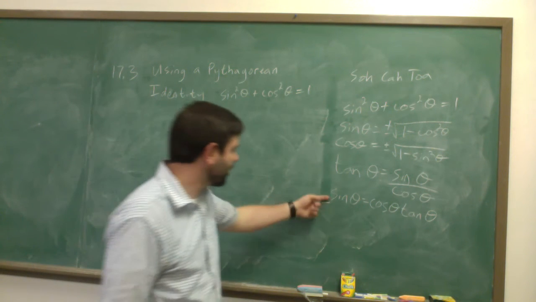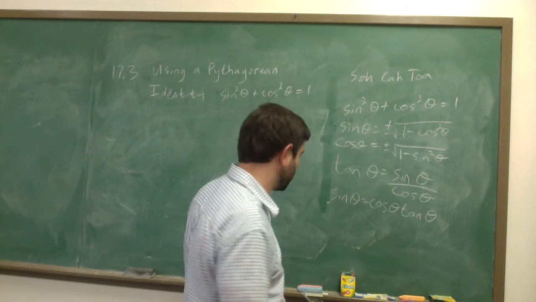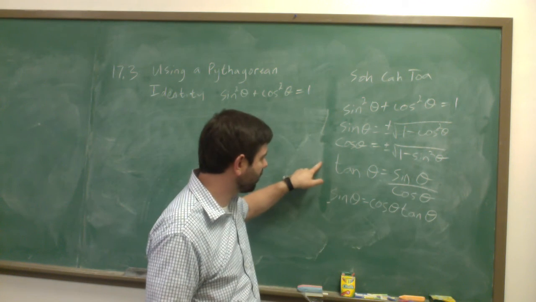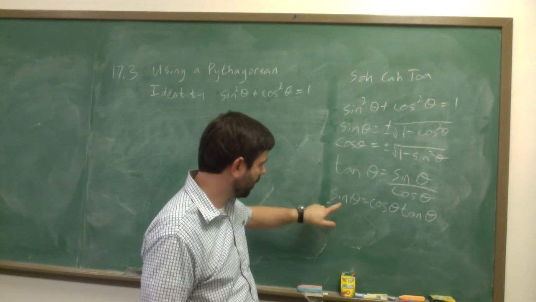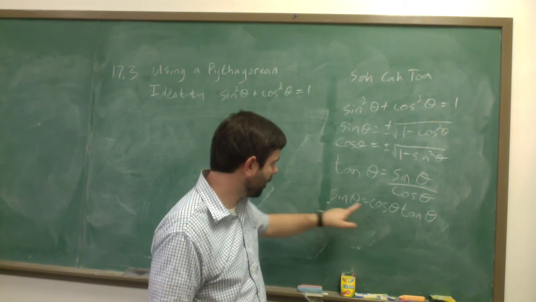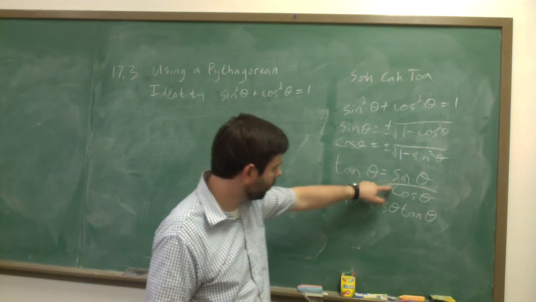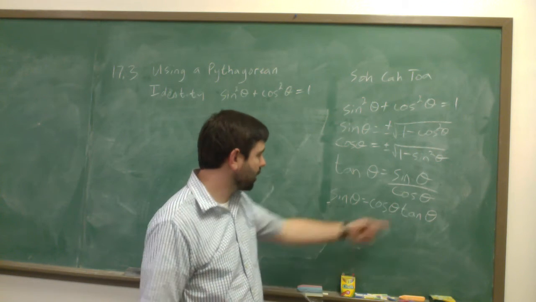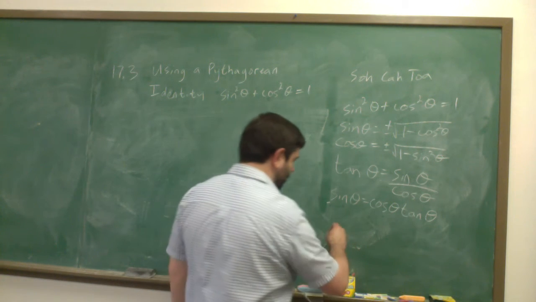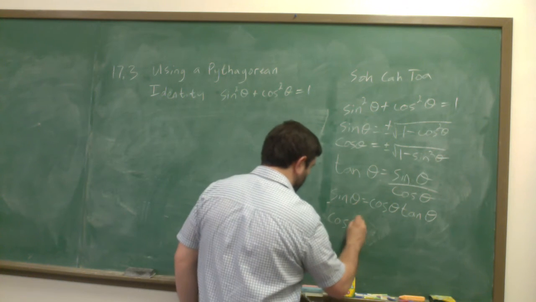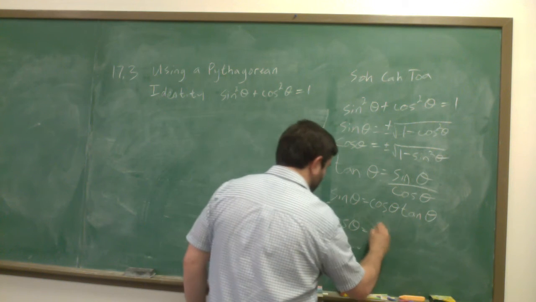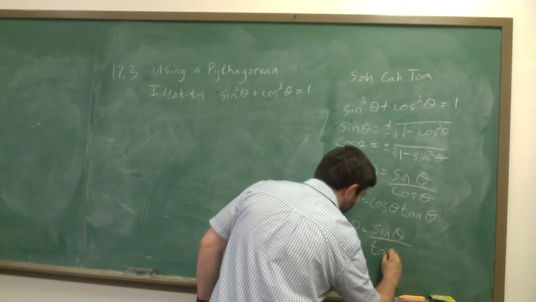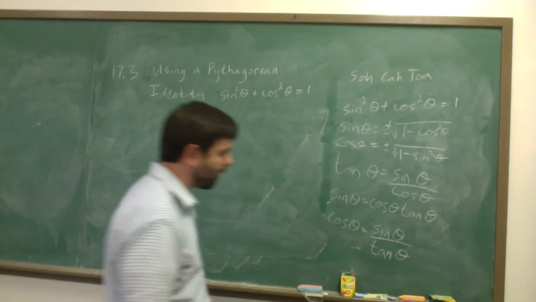We can also solve this for, you guessed it, cosine. Well, we would multiply both sides by cosine, the cosine cancels out on this side over here, and we're going to divide both sides by tangent. Cosine theta is going to be sine theta over tan theta.